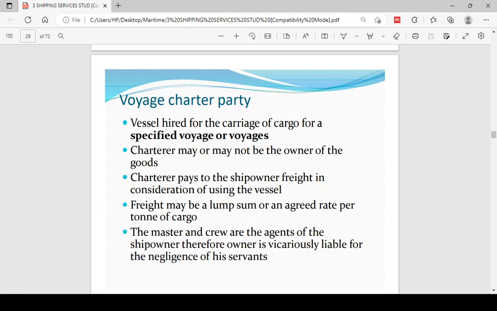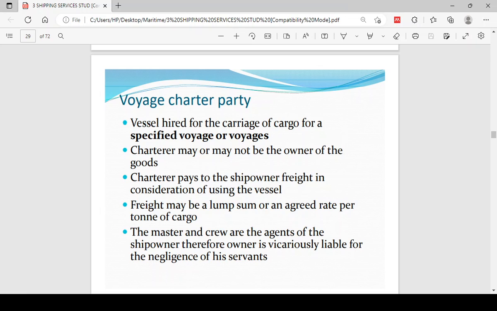In voyage charter, it is still the same, because in voyage charter you are basically just hiring the vessel for a specified time, which is not too long. So the essential features of liner shipping are still carried on. That is why the money is called freight, and the master and the crew are the agents of the ship owner.